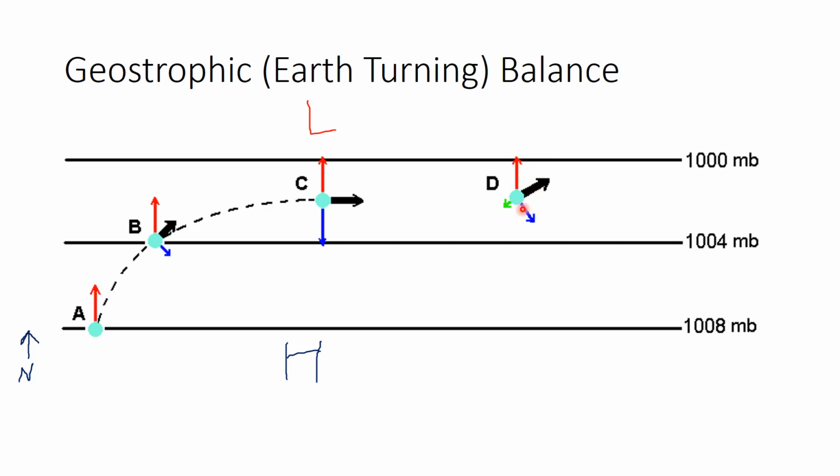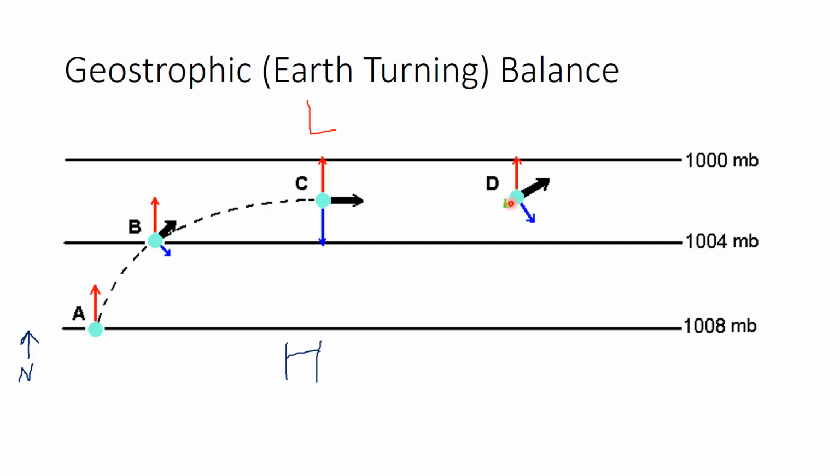You've got the Coriolis force pulling the wind to its right, but you also have friction pulling back on the wind. And what this does is cause the wind to slow down. The slowing down of the wind weakens the Coriolis force, making the pressure gradient force the strongest of the three.